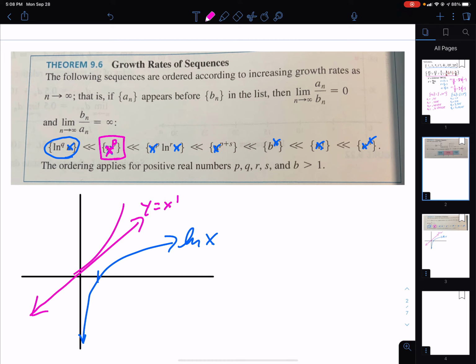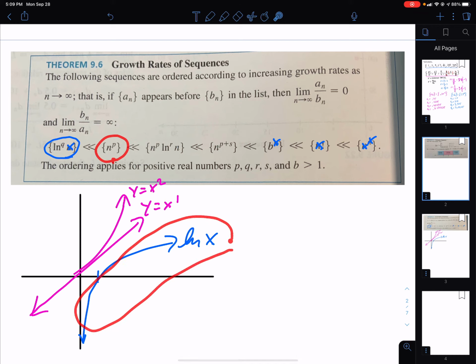Here's another example of x to the p. That's y equals x squared. So clearly what's happening, if you have a polynomial function, x to the p power, that's a faster growth rate than ln of x. That's growing faster. That's growing slow.